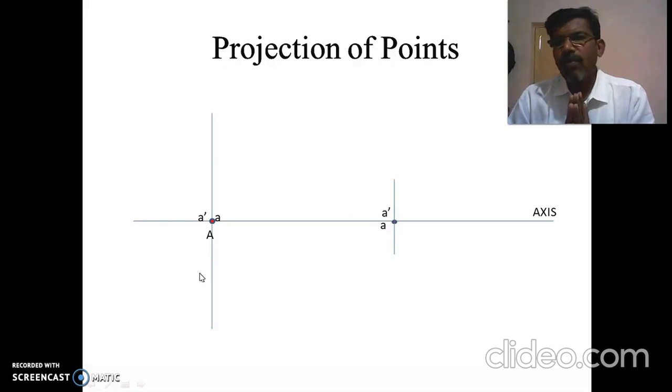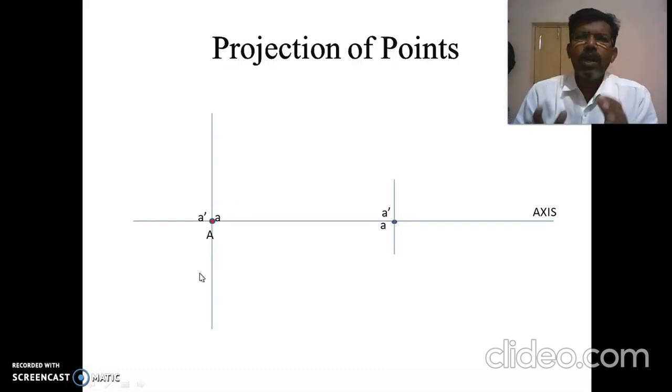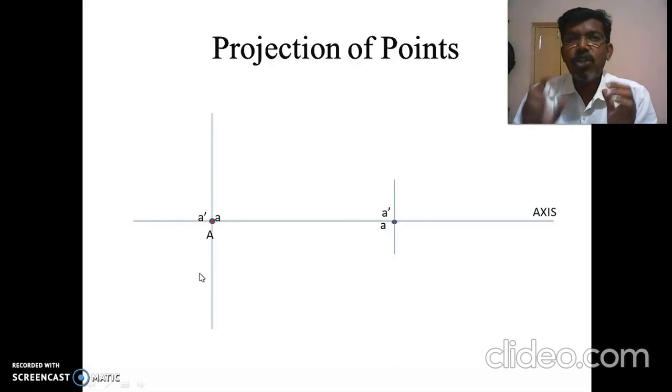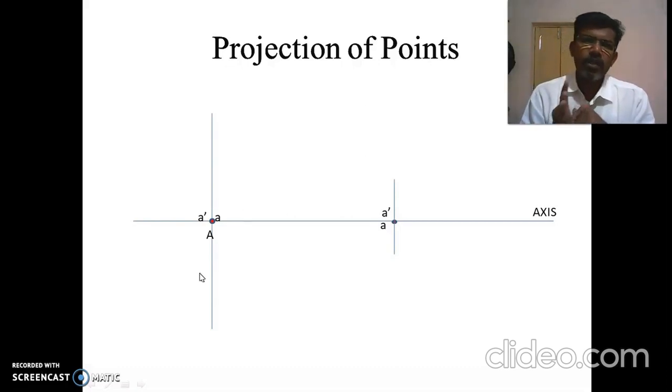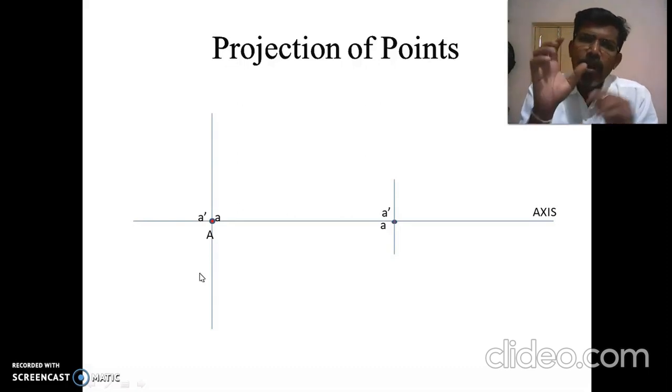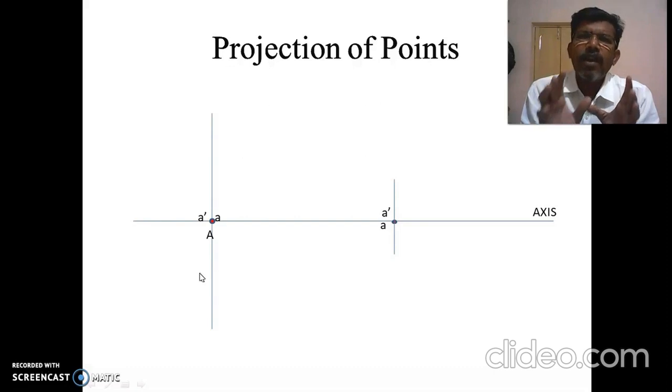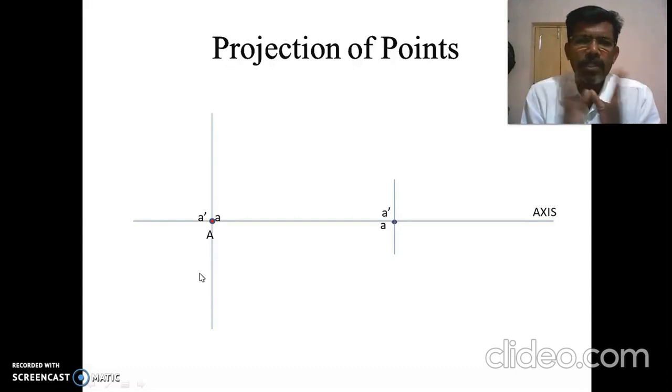So you have to remember very easily by seeing the quadrant system. First of all, you must know clearly what is the position of the object. If you know the position of the object, then it is very easy to identify how to draw the orthographic projection of that particular object.